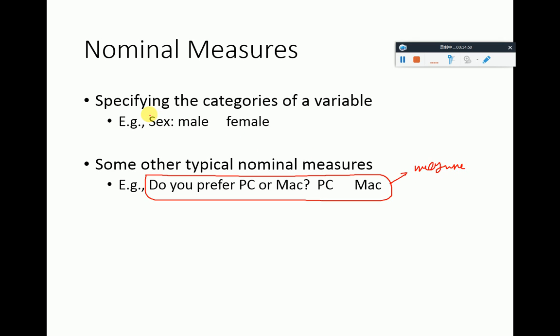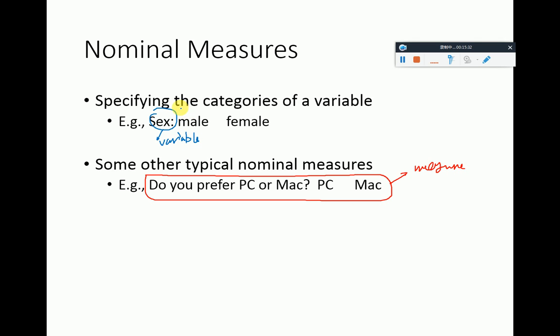So in the context of previous lectures, we'll say that sex in itself is very likely, and it's probably true, that it is a categorical variable. So this is a variable. If we just look at this one word, disregarding the rest, then we can say, and correctly so, that this is a categorical variable.